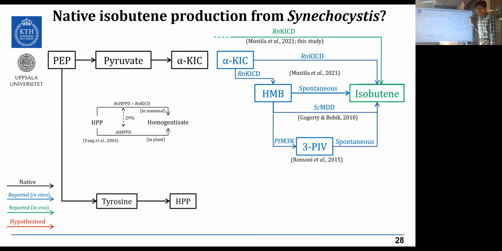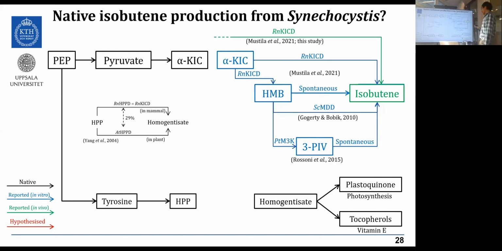The mammalian HPPD and the plant HPPD have 29% similarity in the amino acid sequence. And in Synechocystis, homogentisate is a precursor for plastoquinone and tocopherols.